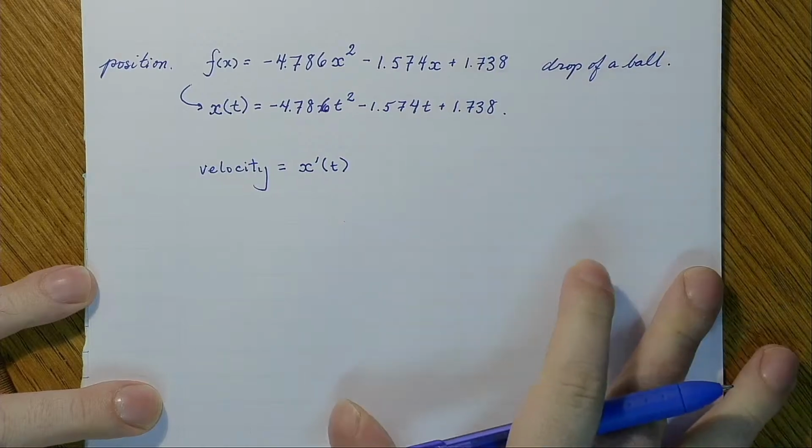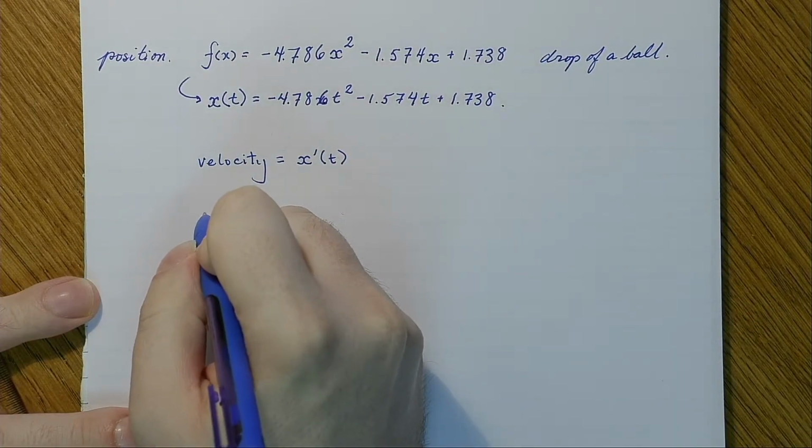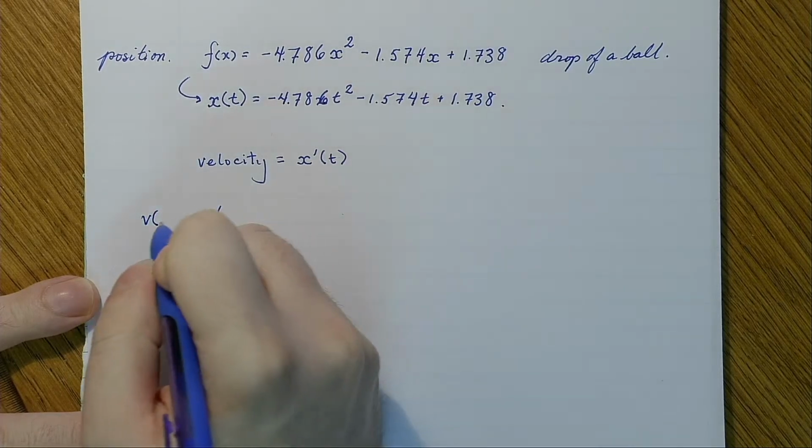So we can actually find what the derivative of that is. So the velocity, which we can also write as v.